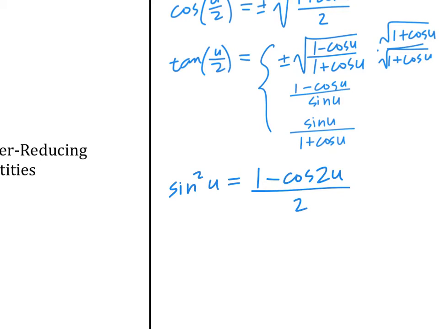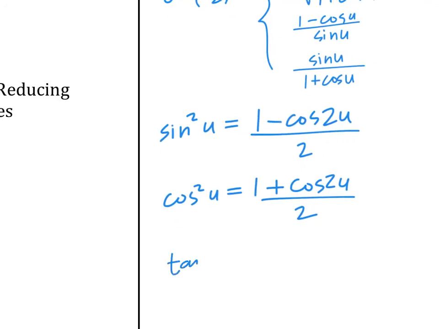So you use this when you don't want the higher degree and you want to reduce it to a lower degree. Okay, cosine squared u is the same idea. It's going to be 1 plus cosine 2u over 2.